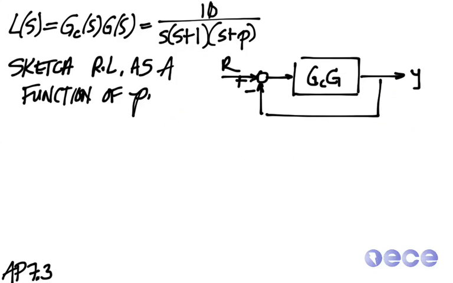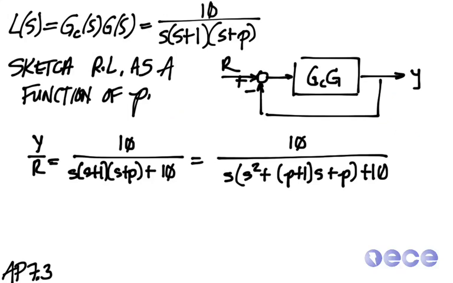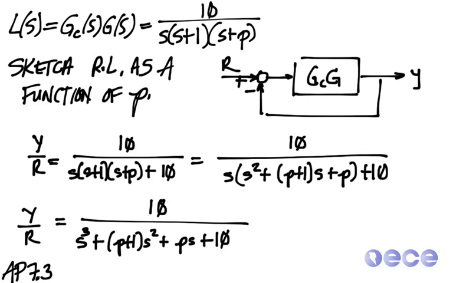Well, let's close the loop and find out the characteristic equation. So y over r becomes 10 over s times s plus 1 times s plus p plus 10. And if we multiply this out further, we can multiply the p's through these multipliers of the parenthetical transfer functions.